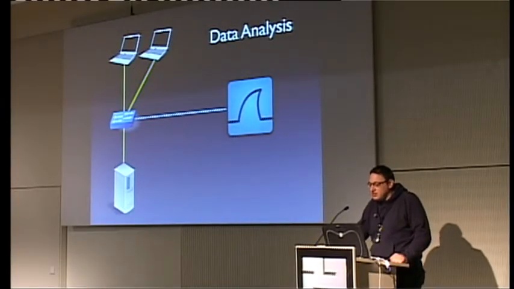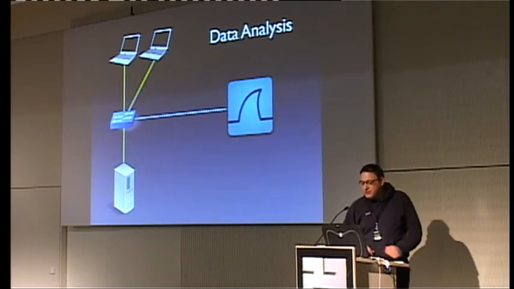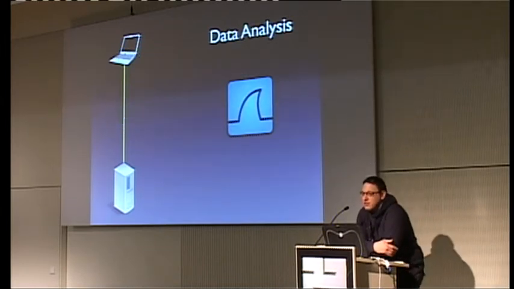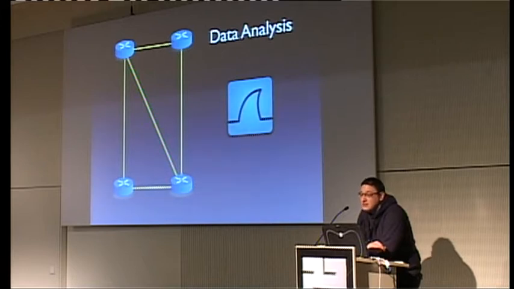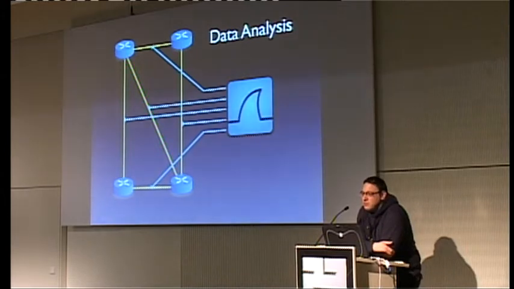But if you change the setup a little bit, like you have a setup of a couple of routers, and you want to see the traffic from all the connections in here, so all the yellow lines, you have to build in a lot of splitters, and you need a lot of network ports on your analysis machine to combine the traffic and see all the traffic on all those lines.